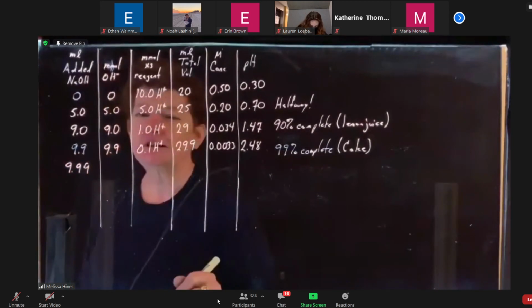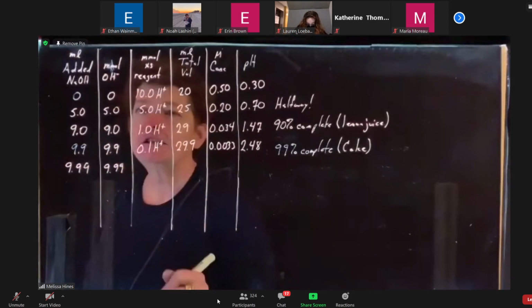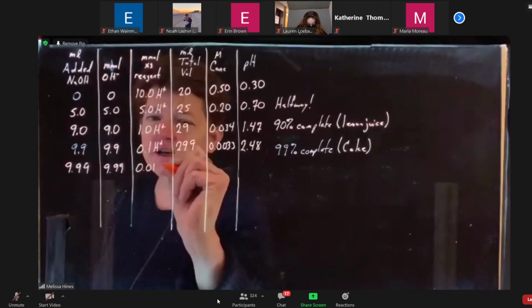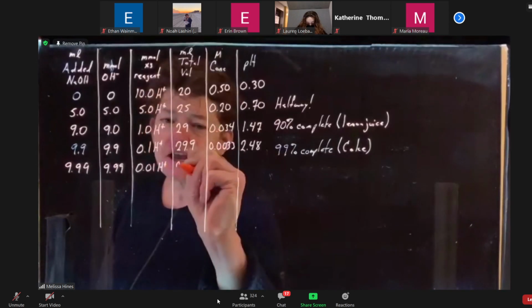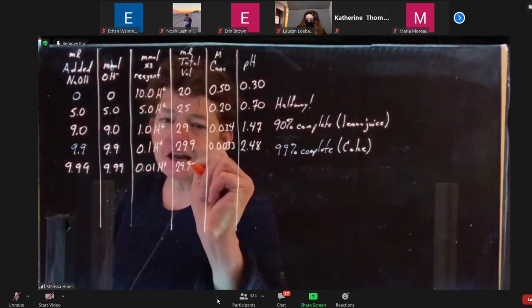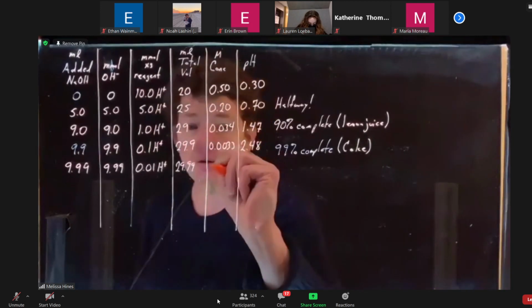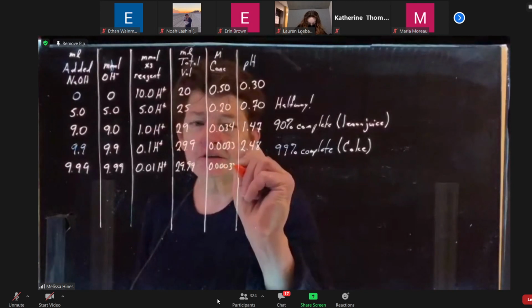Okay, so let's go to where 99.9% complete. And so now we have added 9.99 millimoles, and we are going to have 0.01 millimoles of H plus in excess. And we are at 29.99 milliliters. And our new concentration is going to be 0.00033.